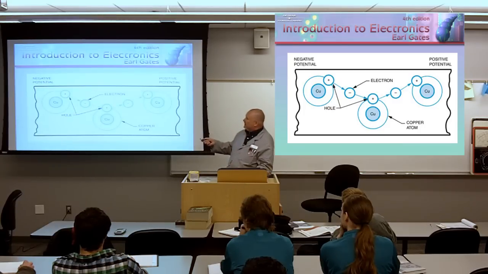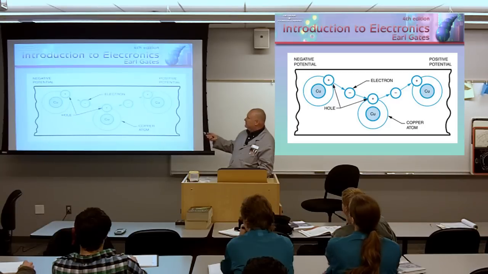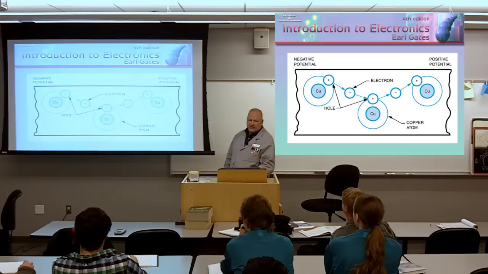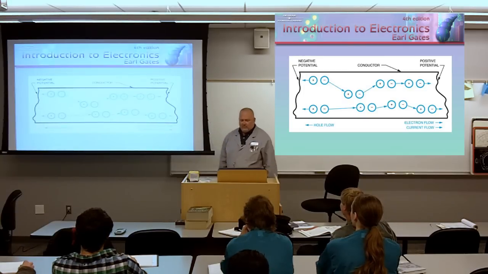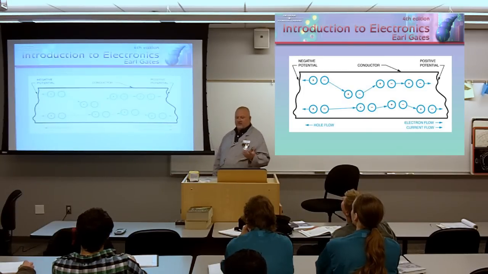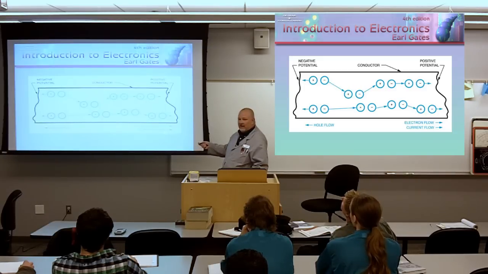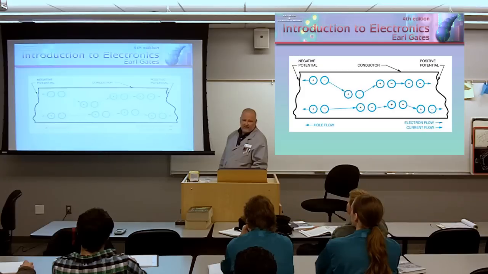Negative to positive, it would jump from this copper atom to the next copper atom, and to the next. Make sense? Drifting along at the speed of light. This here we see, again, a conductor. We've got electron flow left to right, current flow left to right, hole flow right to left. Make sense?